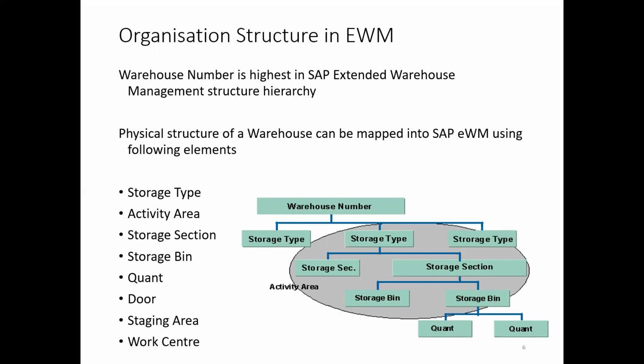But in case the batch is different or the expiry date is different, then you can put that in the same storage bin, but it will generate a different quant number. We don't need to worry about that because it will be system generated. The system itself generates the quant number, and when the complete stock is removed, that quant number is automatically deleted.